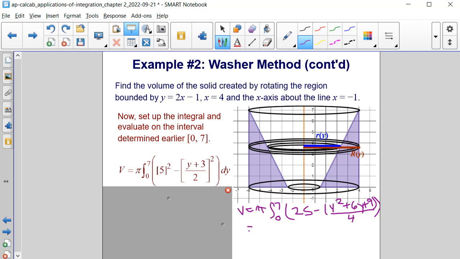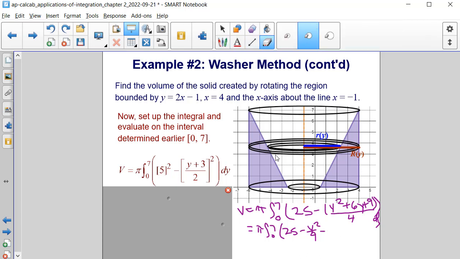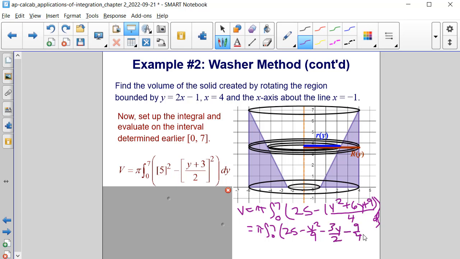So then we can rewrite it again as pi times the integral from 0 to 7 of 25 minus y squared over 4 minus 6y over 4, which is 3y over 2, and then minus again 9 over 4.